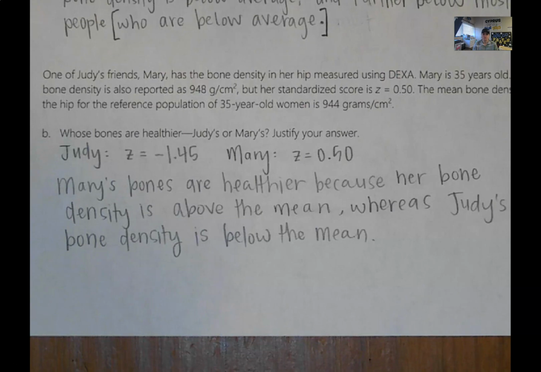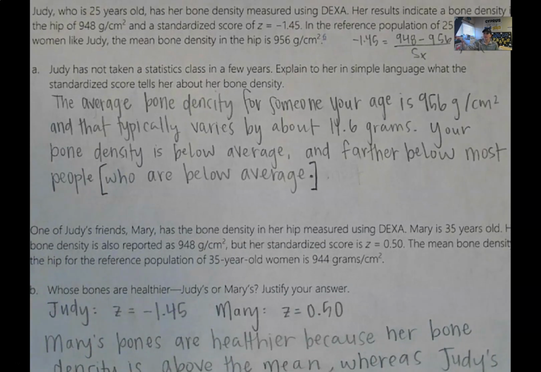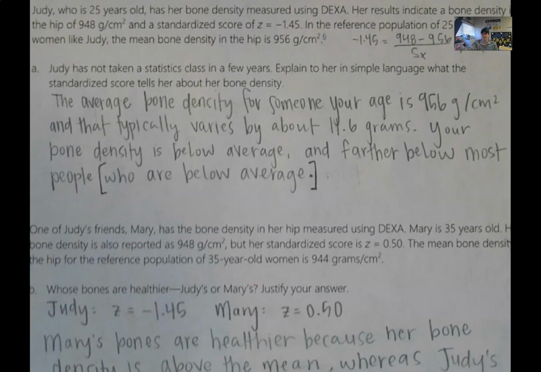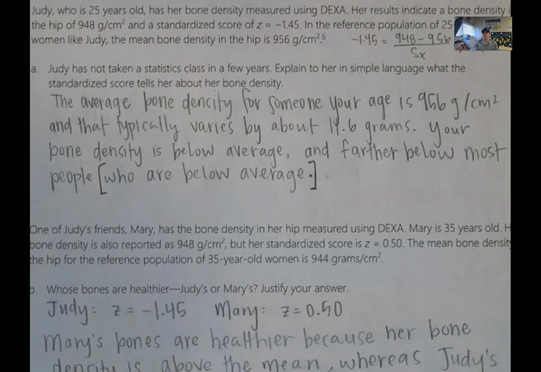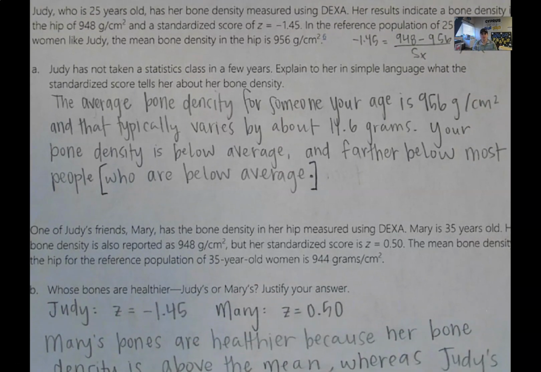So really the hardest one on this was a challenge for me: how do I describe to Judy what her bone density situation is? You could probably get away with just your bone density is below average and farther below than most people.